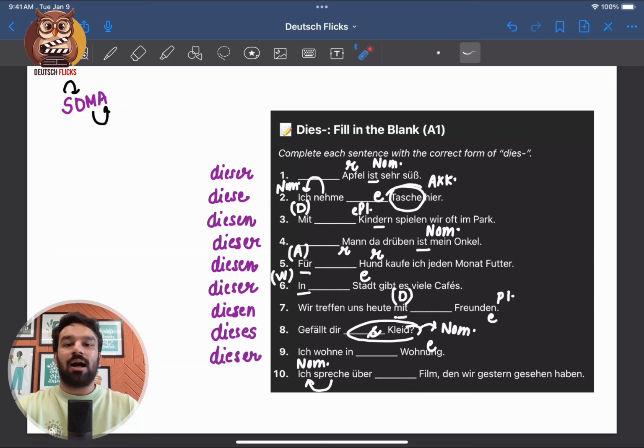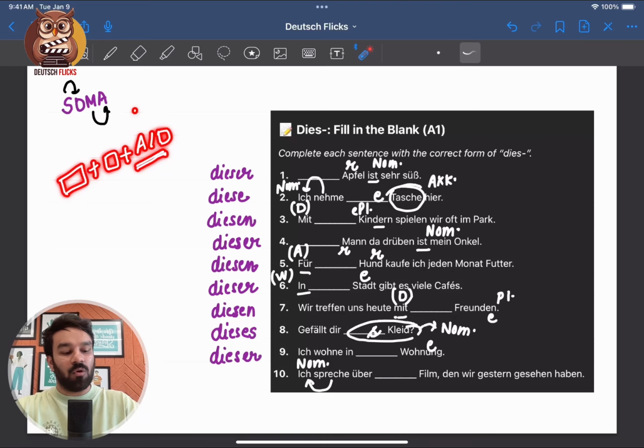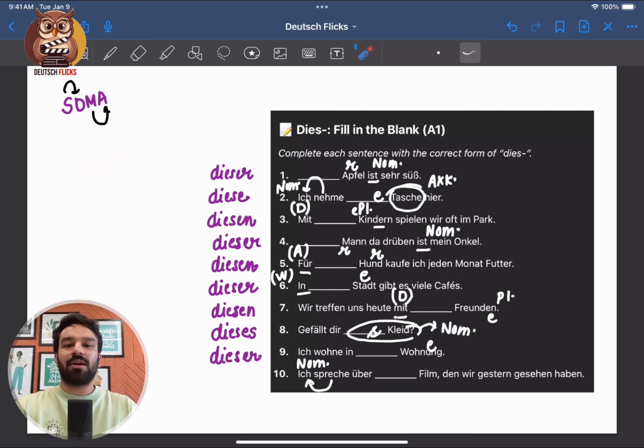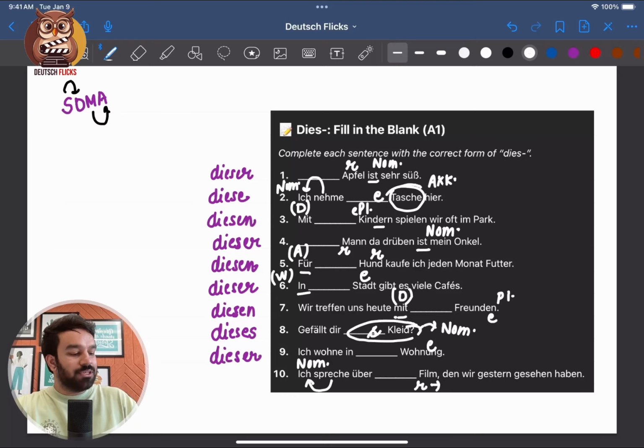Why? Again, this is something you will learn at A2 level. So there are fixed phrases in German. For example, you take this verb and you take this preposition. After that, you have to give either accusative case or dative case. This is also fixed. Now, 99% of the time it happens that you go with accusative case. No matter where you're stuck, you have to take help of accusative case. So what we'll do is write here diesen because der changes to den in accusative. So we'll go with diesen.